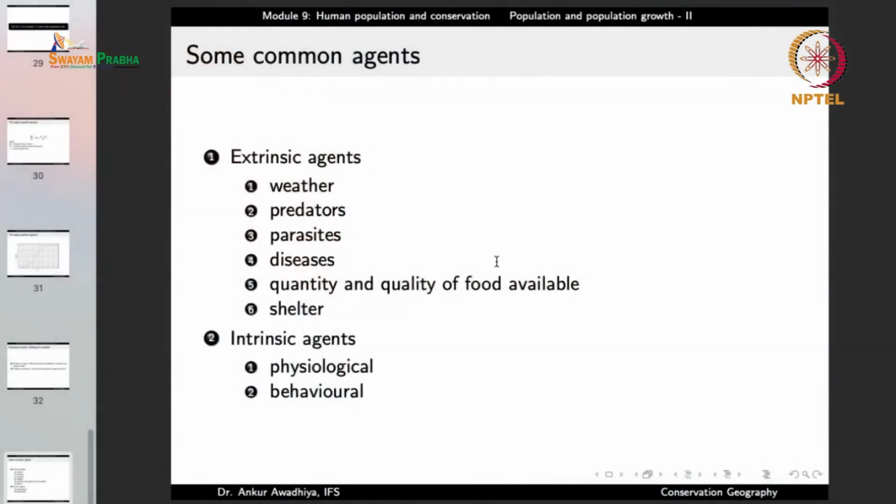If there is an area where the population is not getting sufficient food, then the equilibrium population will be less. So we can look at both the problems of dynamics and statics by looking at the extrinsic agents. And there are also certain intrinsic agents: the physiological conditions of the animals and the behavioral conditions of the animals. So these are various agents that determine the size of wildlife populations.